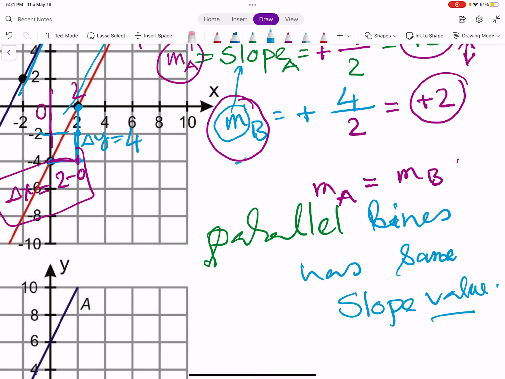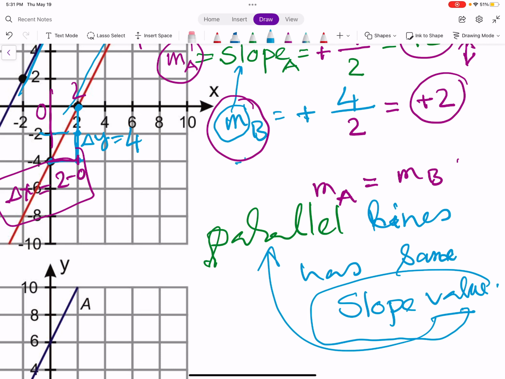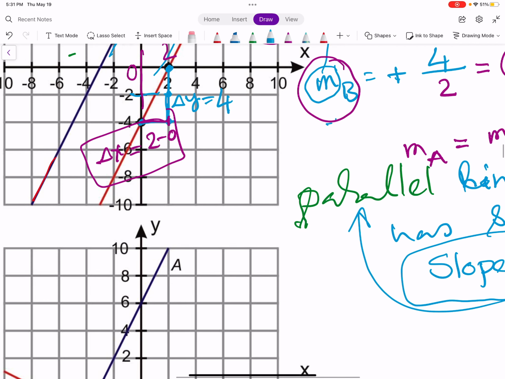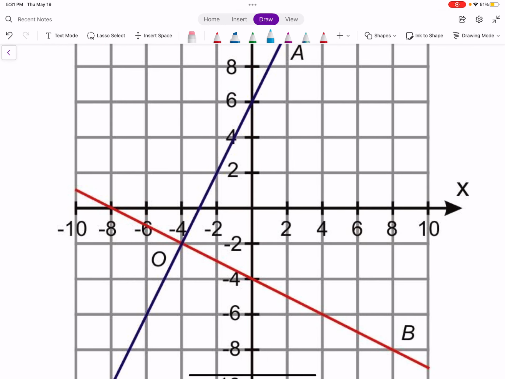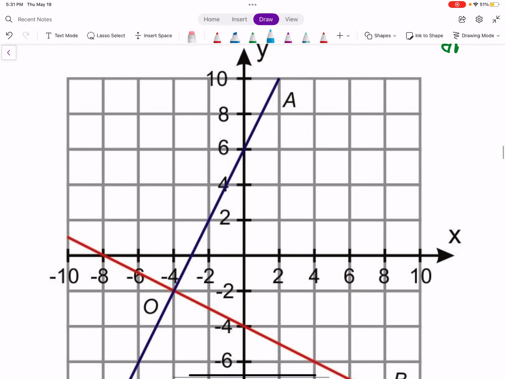And we can say it the opposite way: lines that have the same slope value are parallel. Good? Great. Okay, so this kind of different line is there. So what can we think about that?